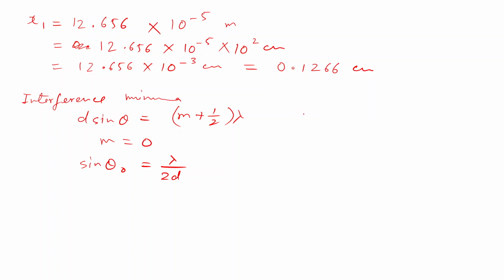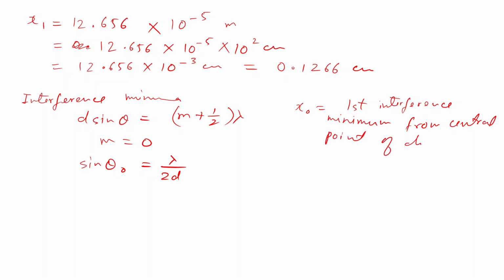So x0 is the first interference minimum from the central point of the diffraction pattern.